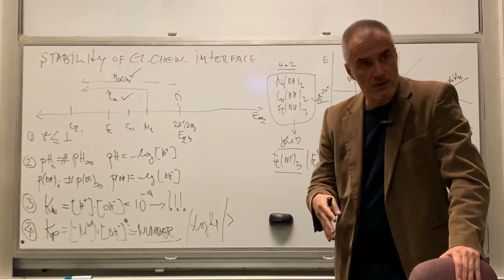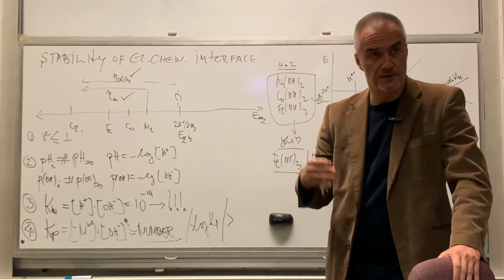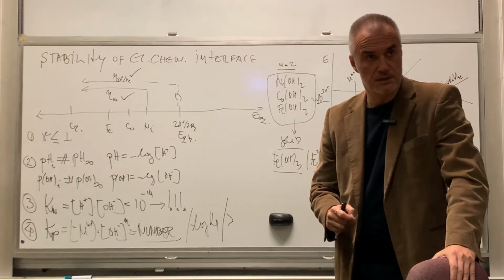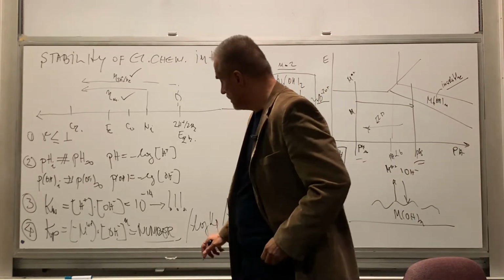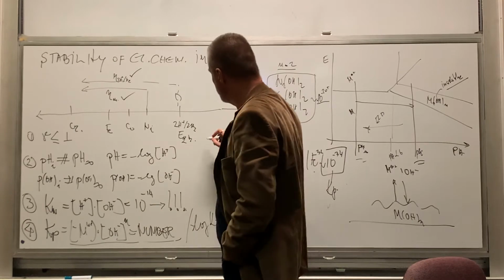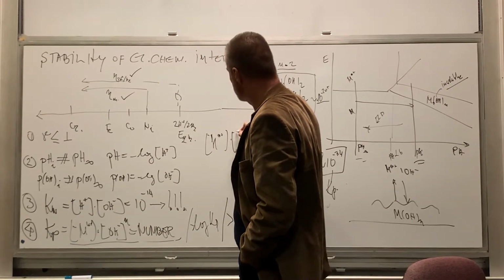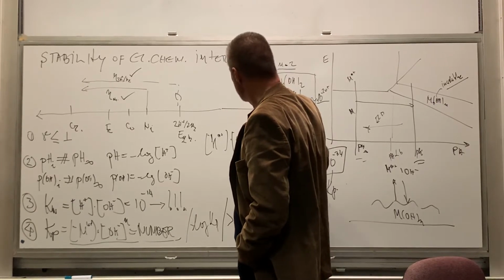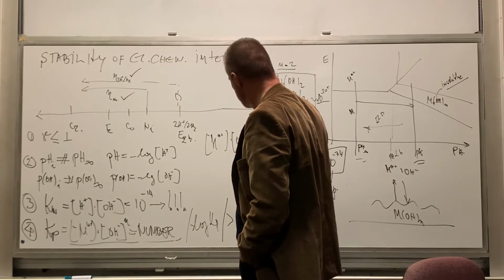If you're below the solubility product, it's going to be soluble. But if you exceed it, it's going to start precipitating. Do you understand? It depends on the value of this product. So if the metal concentration times OH to the n is bigger than Ksp, you have precipitation.